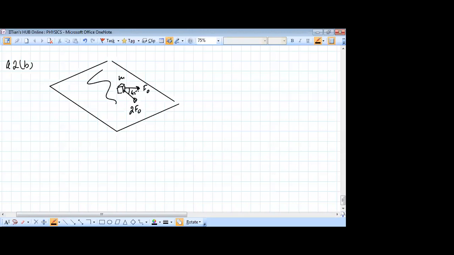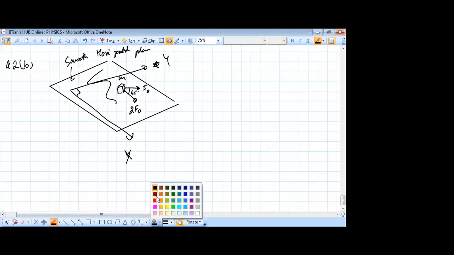And they are like this. Okay. So this is a smooth horizontal plane. So you understand your smooth horizontal plane is, suppose, your xy plane. This is your x axis and this is your y axis. Okay. So your vertical axis is your z axis.